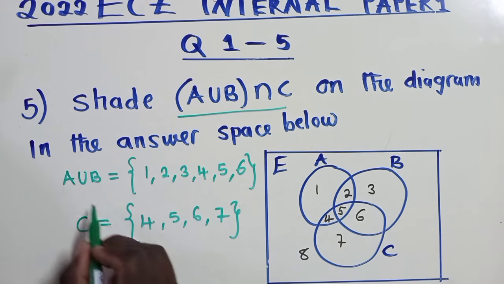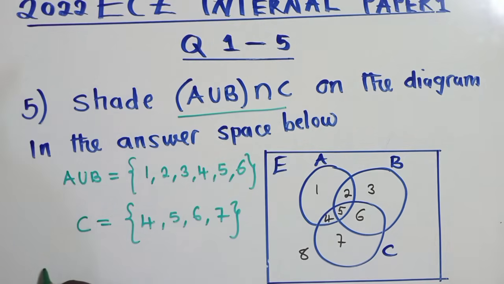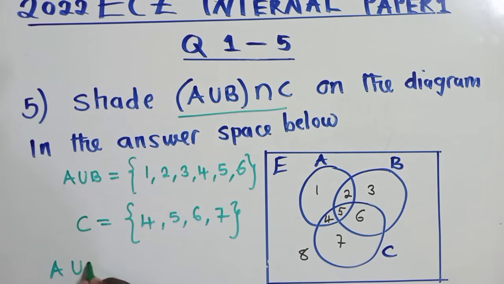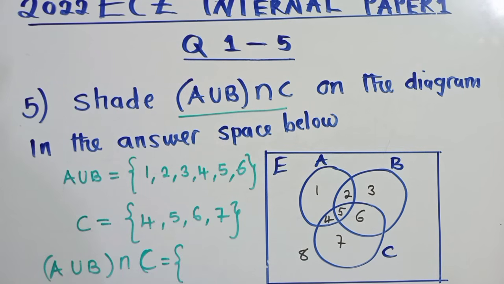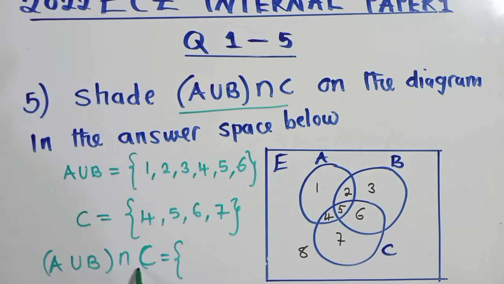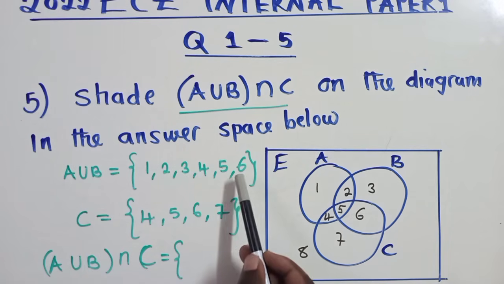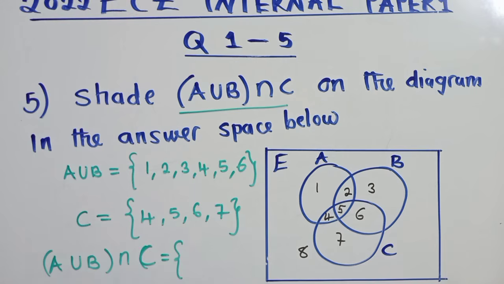Now, after you found this, you now come to what you've been asked. That is A union B, okay, intersect C. So what is it? Or what are the elements that are supposed to be here? This is where we need to check A union B intersect C. So this is A union B, and then C is right here.